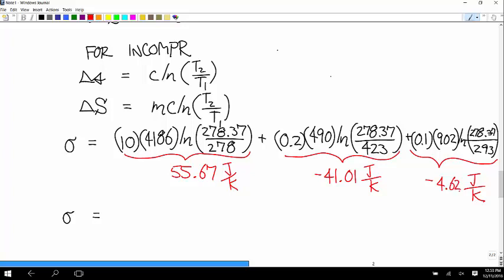Okay, so what do you get when you add those up? 10.04 joules per Kelvin. And it's positive, so that's a good sign.